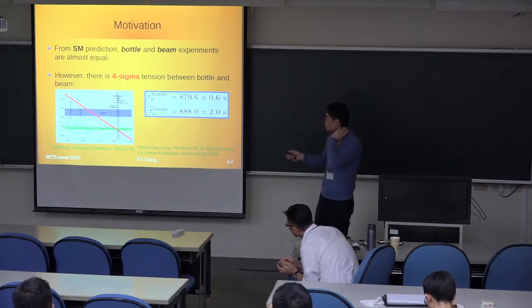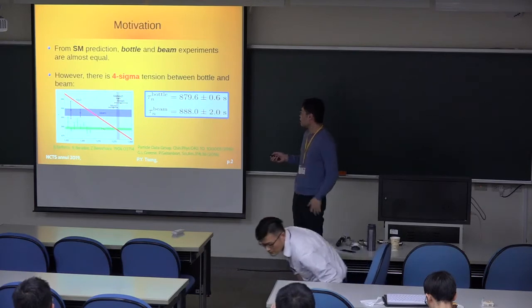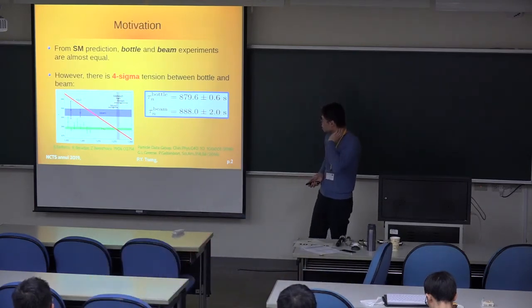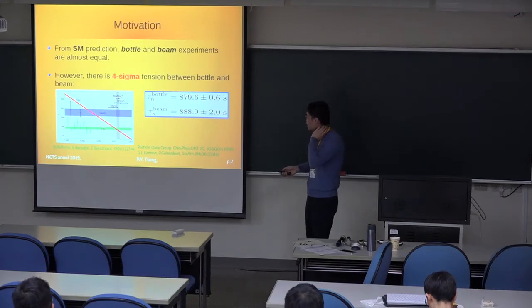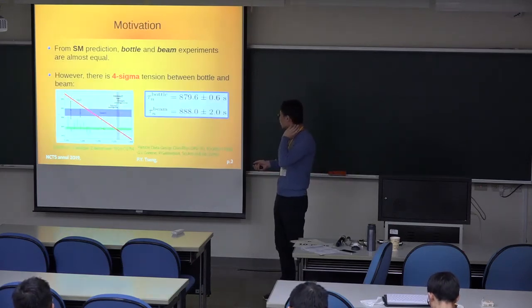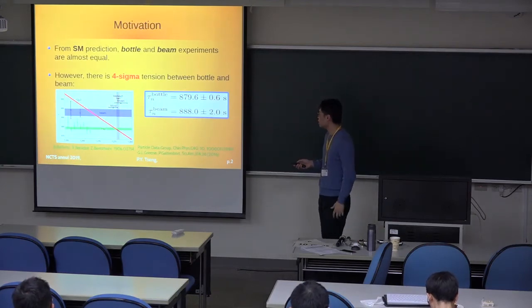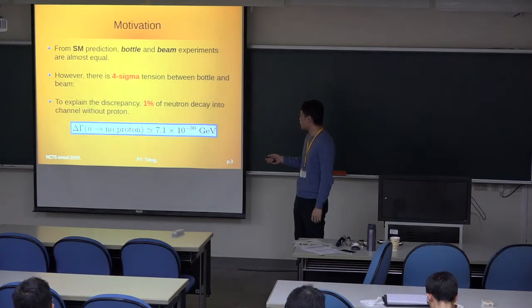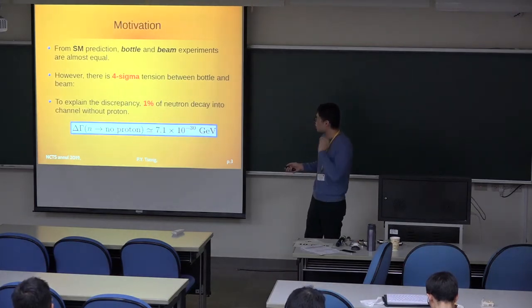It turns out there is a four sigma tension between these two kinds of experiments. Therefore, to explain this anomaly, it requires some 1% of the neutron to decay into a non-proton final state.